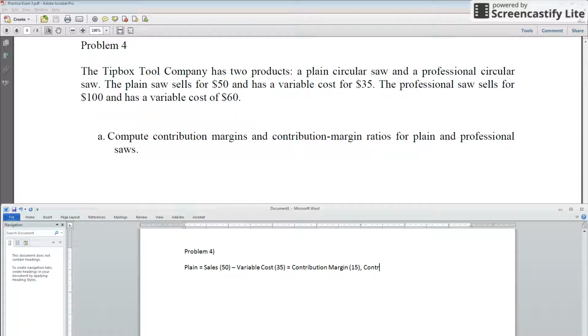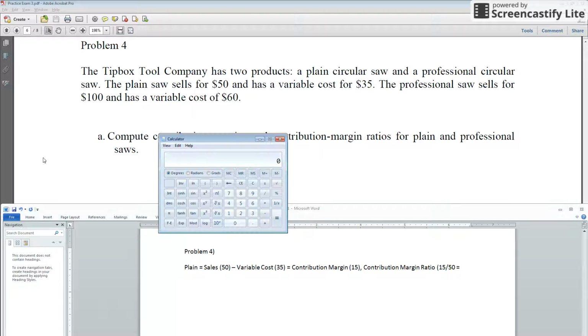My contribution margin ratio will be 15 divided by 50, which is 30%.